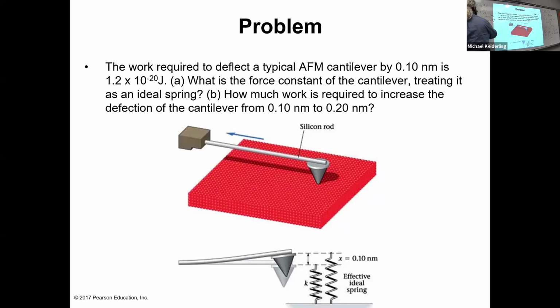So you get 2 times 1.2 times 10 to the minus 20 joules over 1 times 10 to the minus 20 meters squared. The 10 to the minus 20s cancel, and you're left with 2.4 newtons per meter.